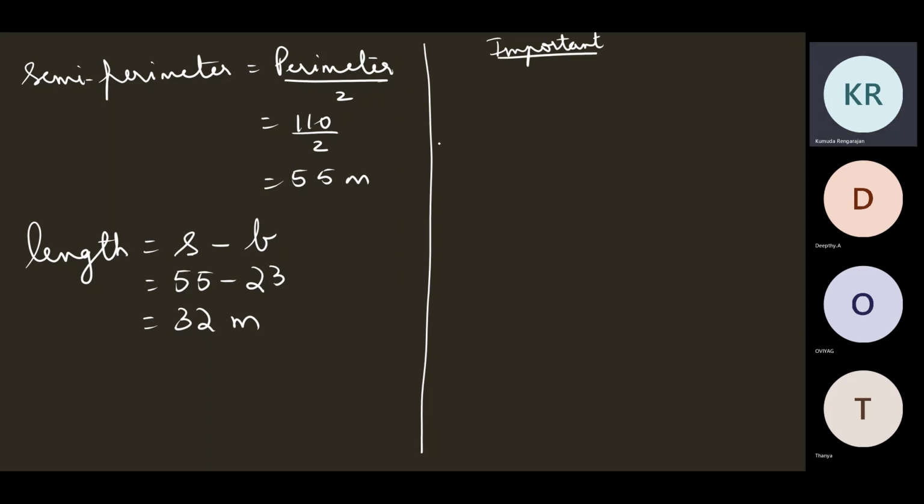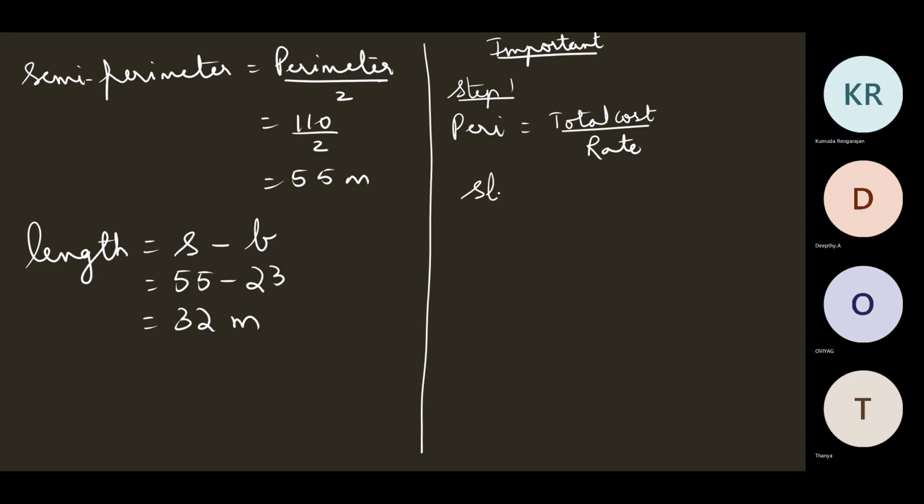Okay. So this is the flow chart for a question with such information. So when you're given the total cost, step one is to find the perimeter. Perimeter is equal to total cost by rate. Then once you find the perimeter, you should find the semi-perimeter.